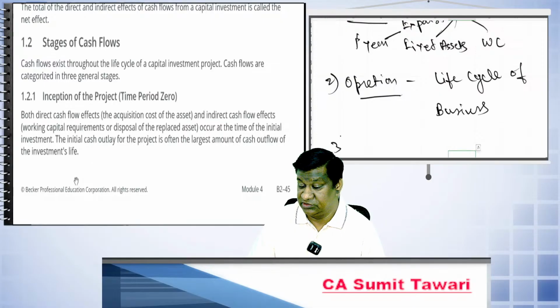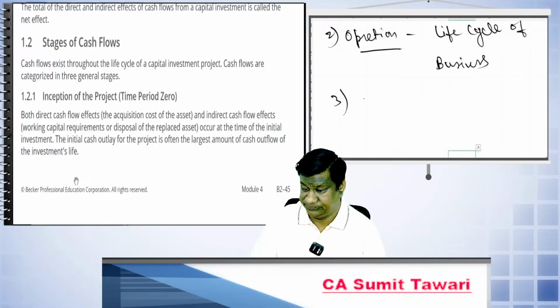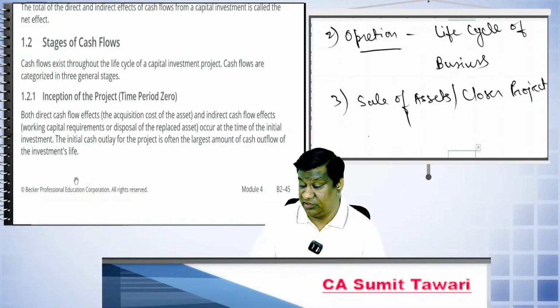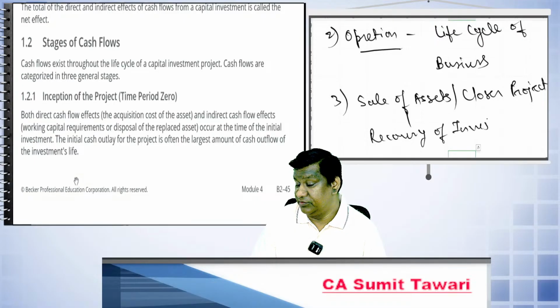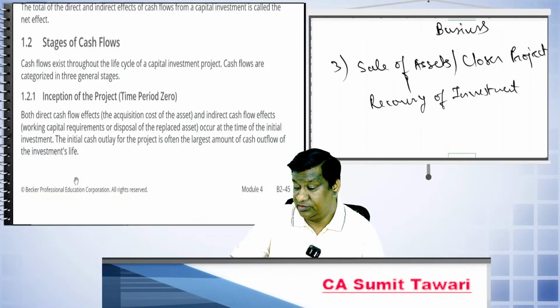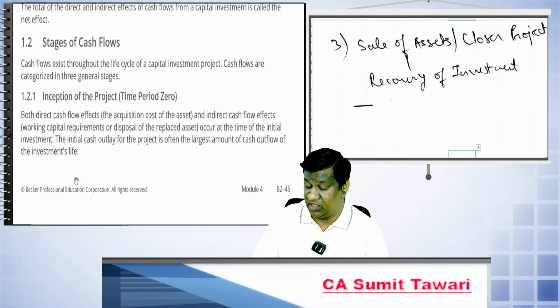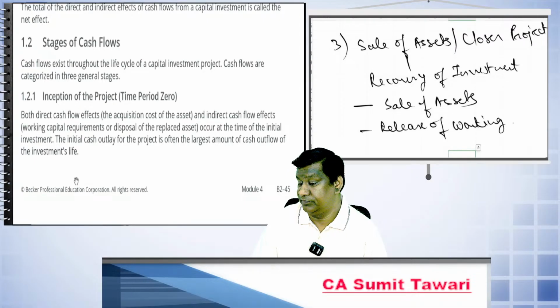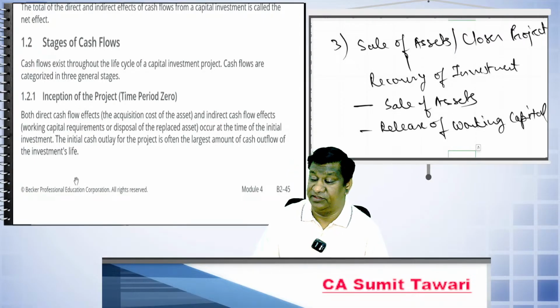And the third stage is sale of asset or closure of the project. So here, whatever investment we did, the recovery of that investment, whatever amount we can get on sale of asset and release of working capital, this is at the end of the project.